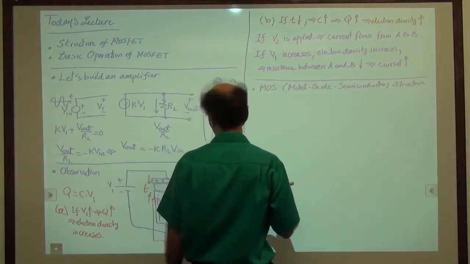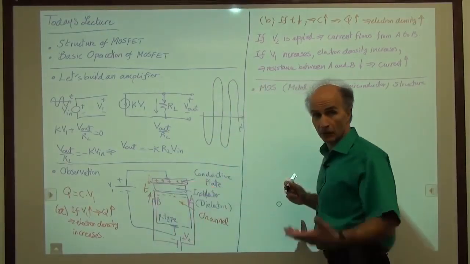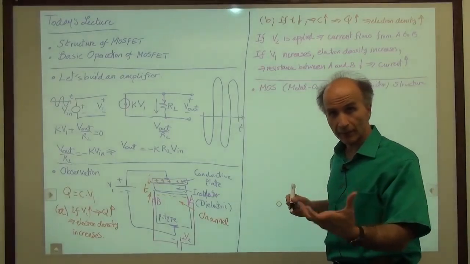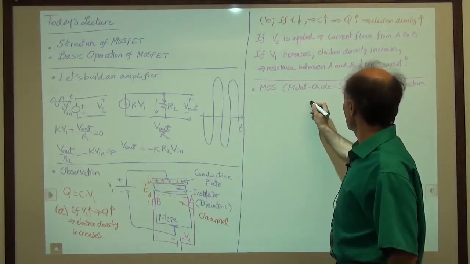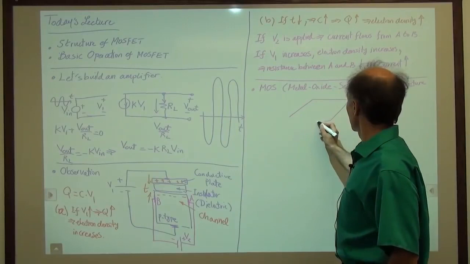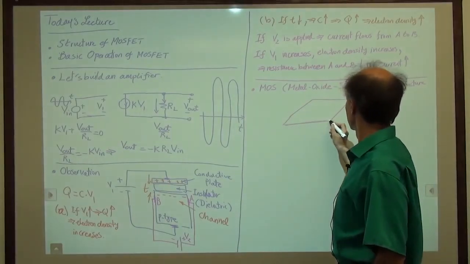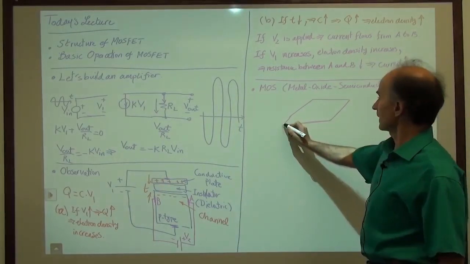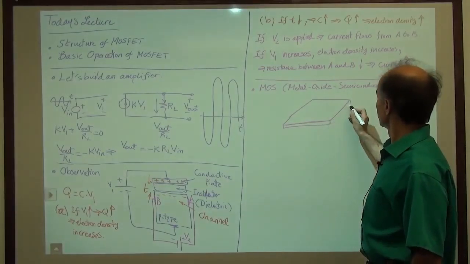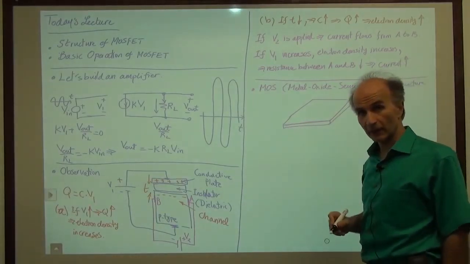Okay. All right, so we have the top plate here. Let's just draw it, but draw it in 3 dimensions to make it clearer. So here's the top plate. It has some thickness. We said this is a conductive plate, right? Like a capacitor.